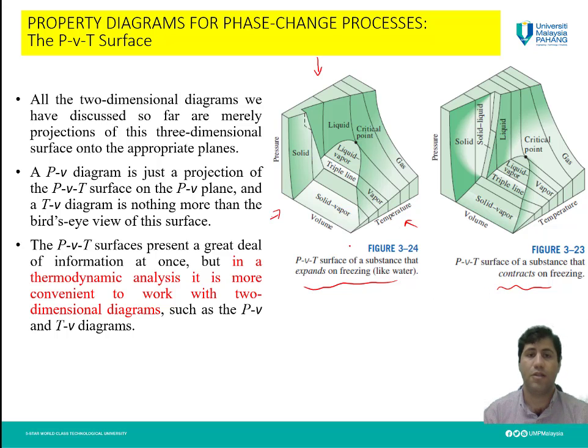So these are three-dimensional phase change process diagrams or PVT diagrams. However, as I introduced, we usually use just two-dimensional diagrams like PV and TV.